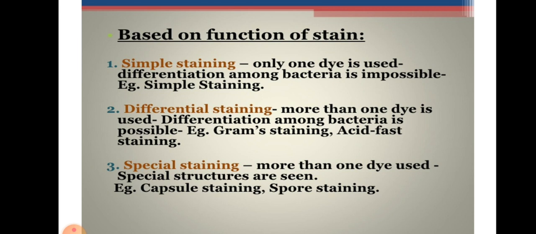It cannot differentiate among bacteria; differentiation of bacteria is not possible. In the differential staining method, more than one dye is used and it helps in differentiating different groups of bacteria. Examples are gram staining and acid fast staining. Special staining is a technique which is used to dye special structures, and more than one dye is used in this technique. Examples are capsular staining and spore staining techniques.